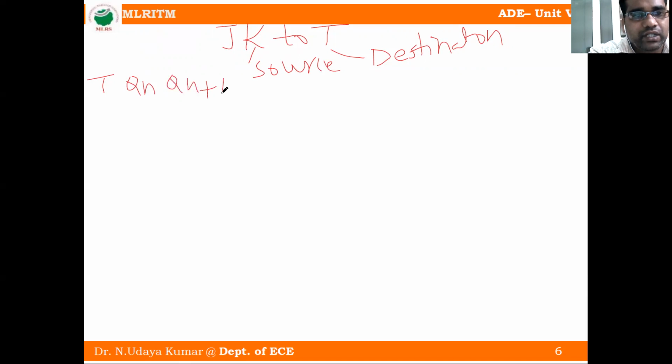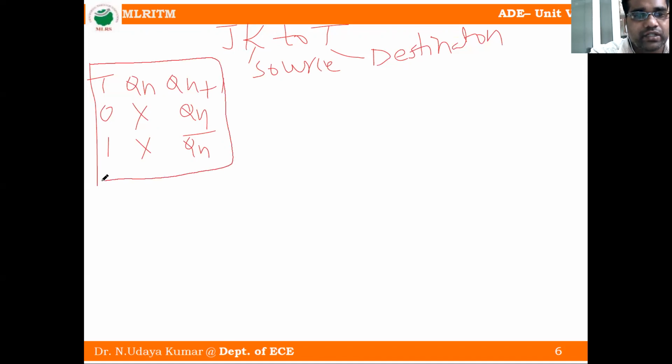We know that this is the truth table for T flip-flop. This one is QN, no change. This one is QN bar, toggle state. So this is the truth table for destination flip-flop. Now we will write the excitation table of JK flip-flop. So excitation table of JK flip-flop means this one JK, this one is QN plus 1.